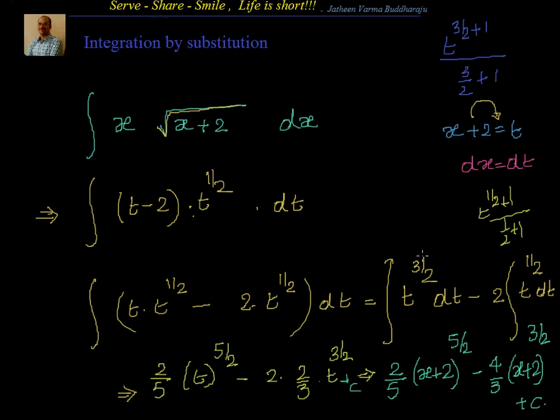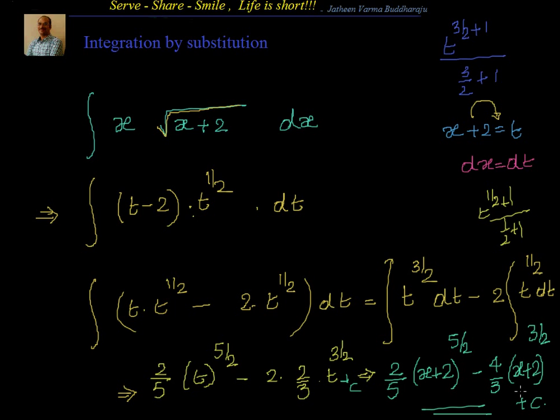Now you expand them, then you apply the formula: integral of x to the power of n is x to the power of n plus 1 by n plus 1. By applying that, you will get your answer as 2 by 5 into x plus 2 whole to the power of 5 by 2 minus 4 by 3 into x plus 2 whole to the power of 3 by 2 plus c. This is how we can solve the problems using substitution.